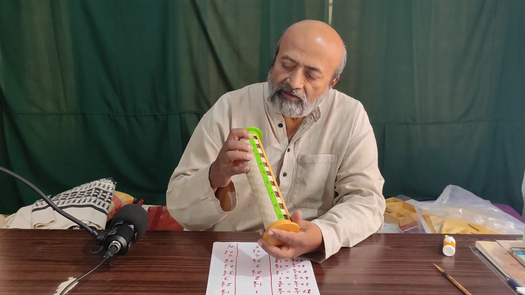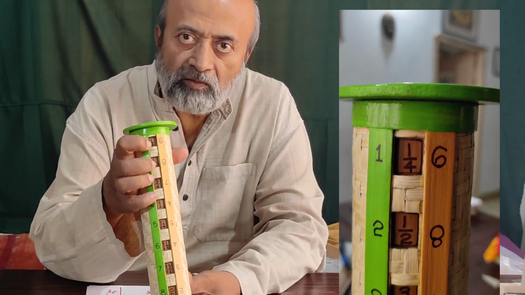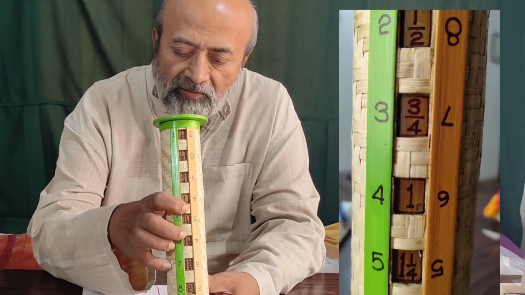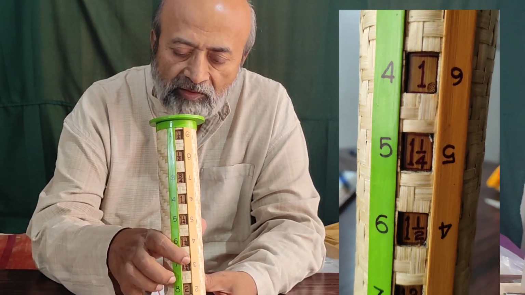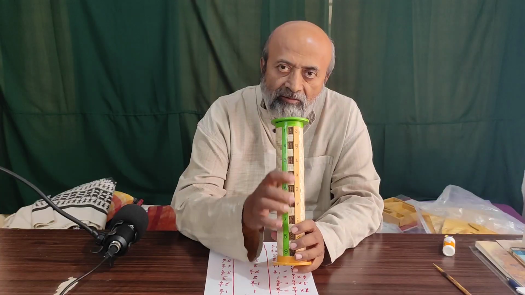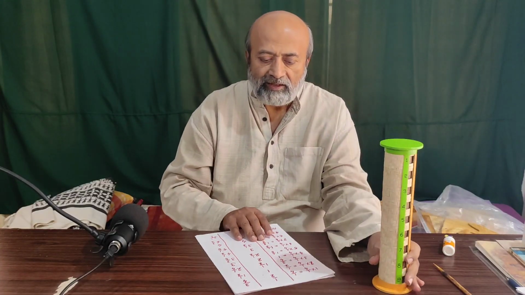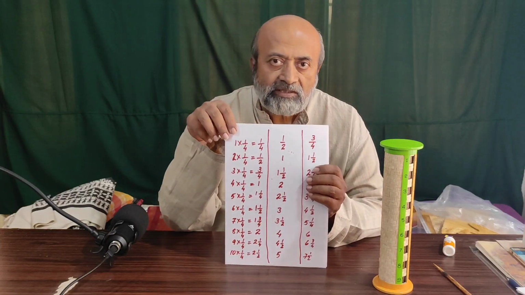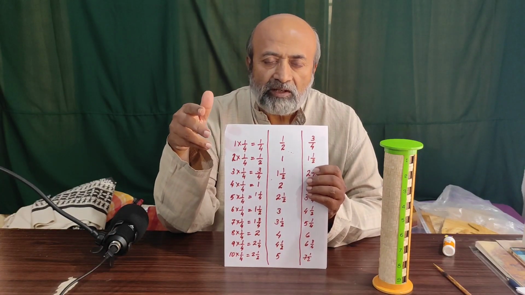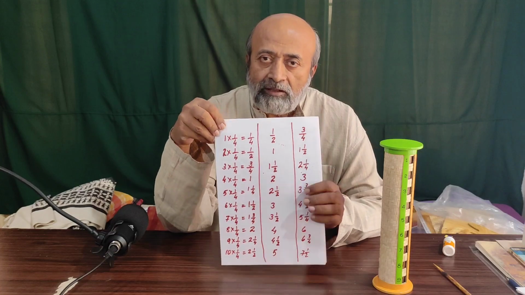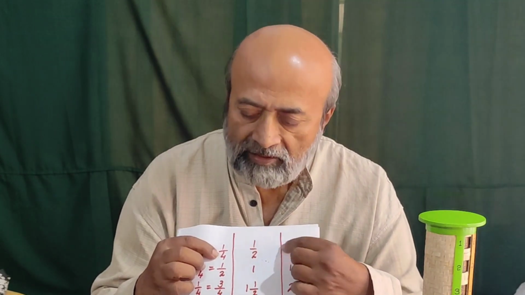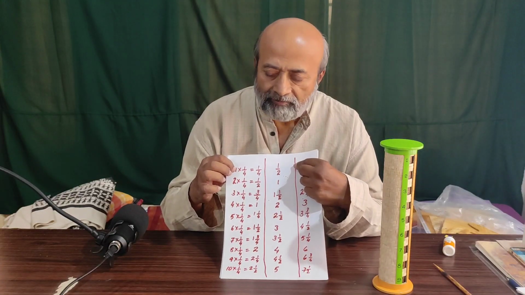When you see these windows closely, there is 1/4, 1/4, this is half, 3/4, 1, 1/4, etcetera. What are these things? These are exactly the kind of tables I have here. You must have heard about the 1 table, 2 table, 3 table, 4 table. But have you ever heard that there are also tables for 1/4, half, as well as 3/4? This is exactly that.